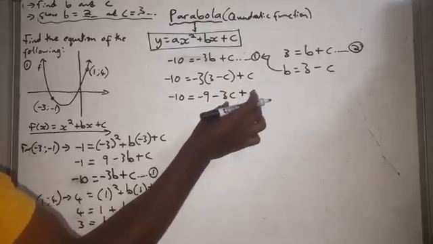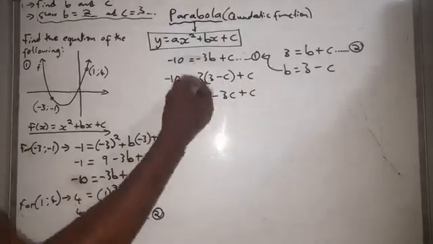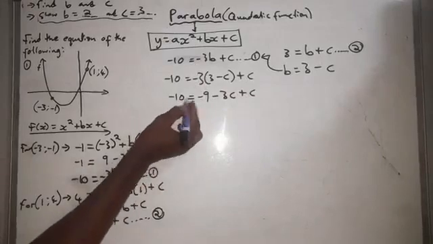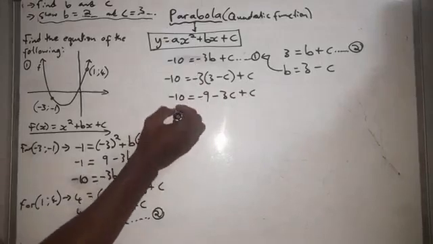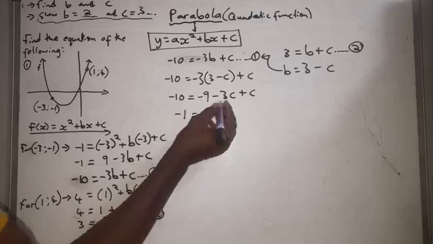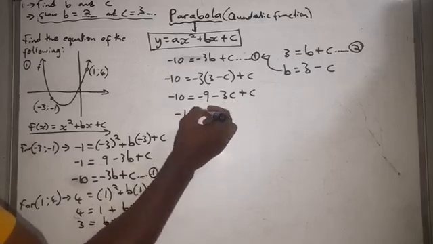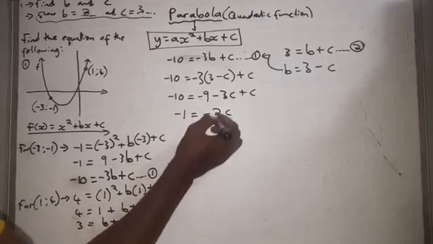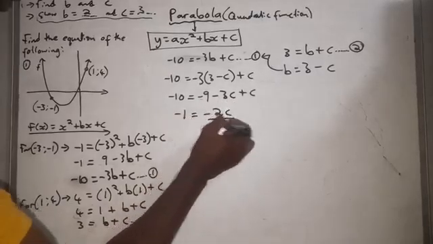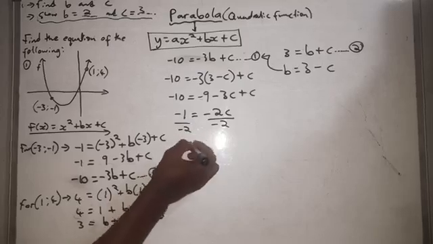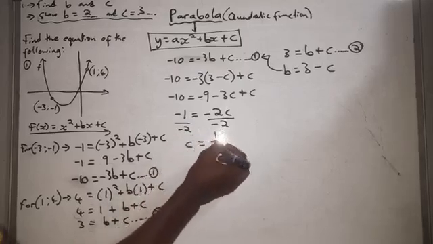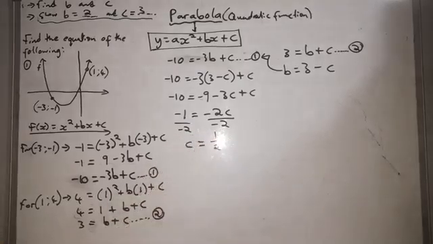The like terms are these two. I'm going to take this one to this side: minus 10 plus 9 is minus 1 equals minus 3c plus c, which is negative 2c. Then I'm going to divide both sides by negative 2. Just do algebra here. c equals a half.